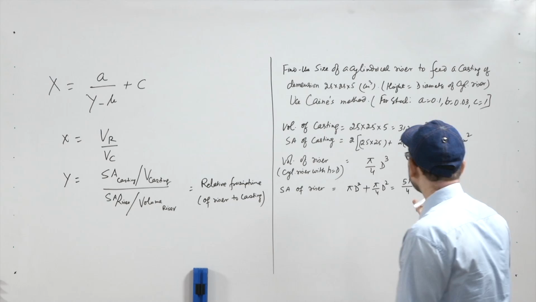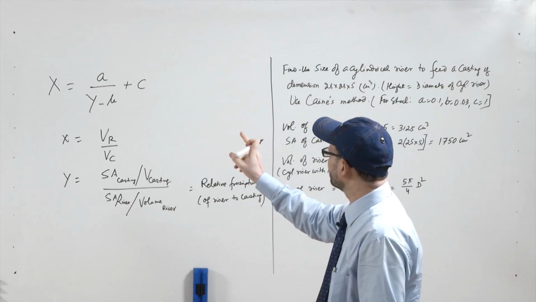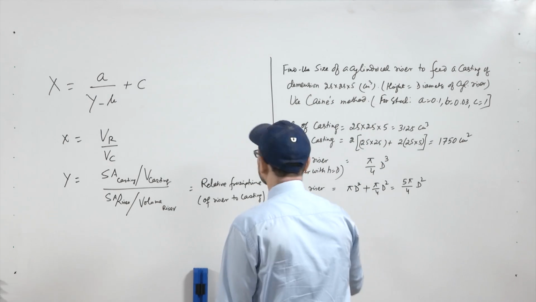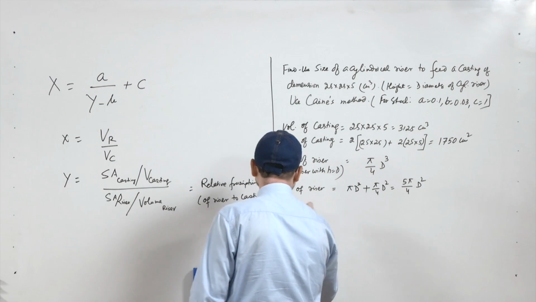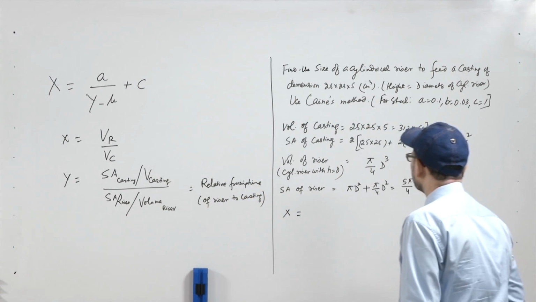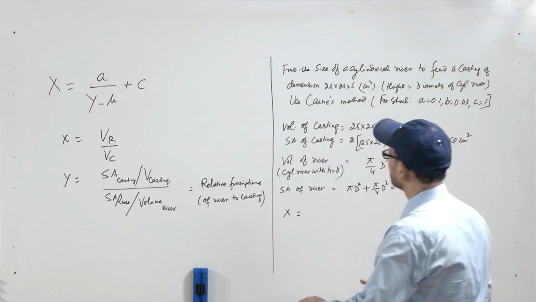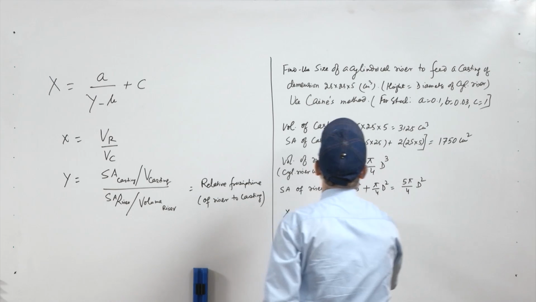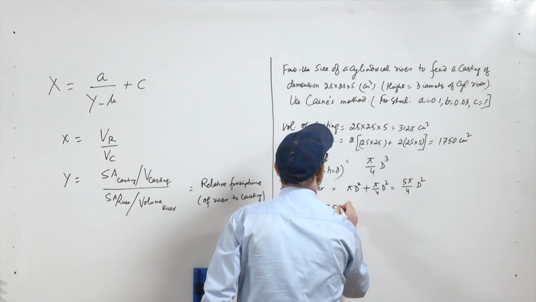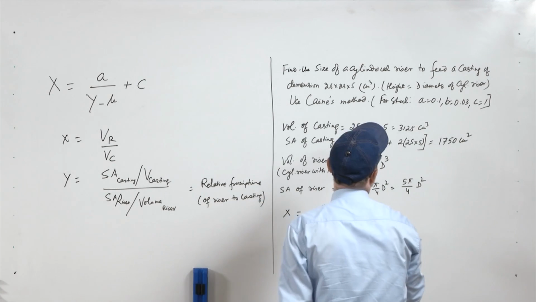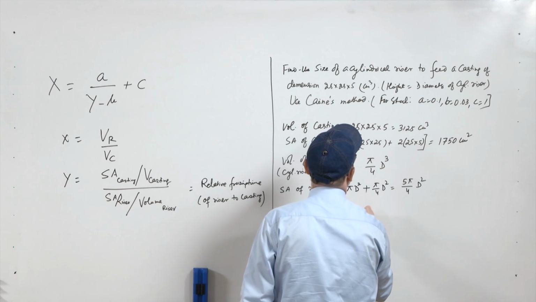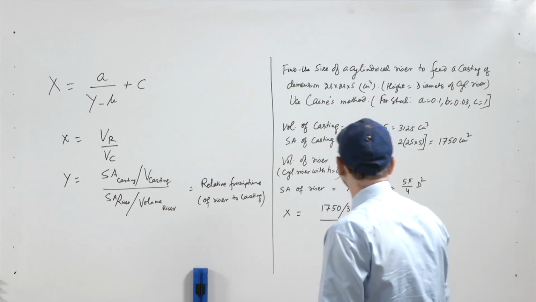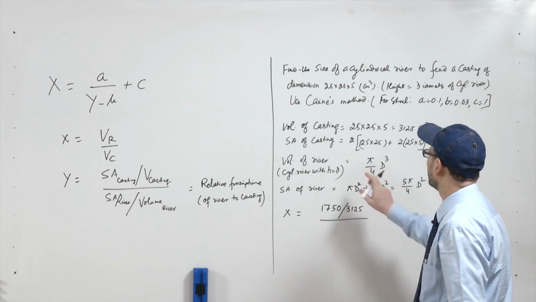Now, after this you are going to have the values of x and y. So, x is nothing but the freezing ratio. So, freezing ratio is nothing but surface area of casting by volume of casting. So, surface area of casting is 1750 upon volume of casting is 3125, divided by surface area of riser upon the volume of riser.